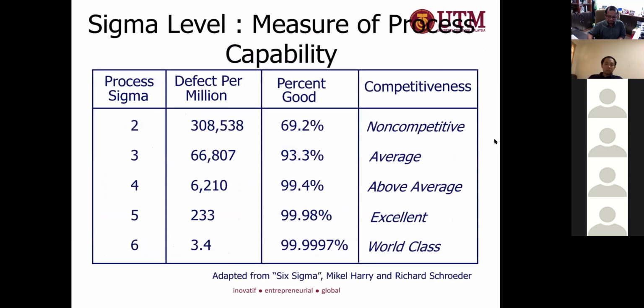This is Six Sigma by Motorola. 3.4 defects per million is Six Sigma, but by statisticians it is 0. Motorola still gives one leeway based on a 1.5 sigma shift, so they put 3.4 defects per million.